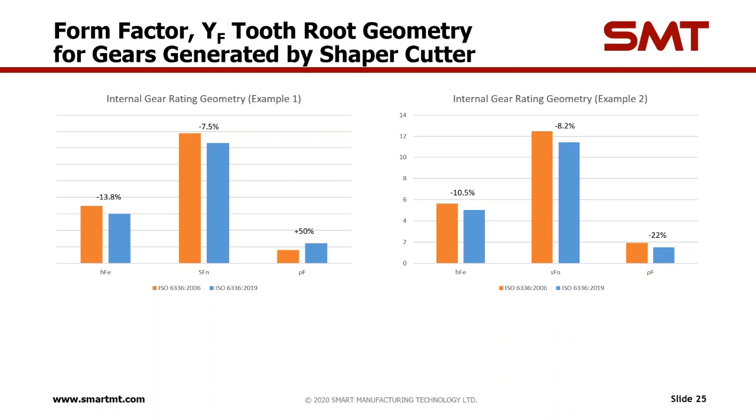If we look at our example 2, we see similar trends for bending moment arm and tooth root chord. However, the calculated root fillet radius actually decreased in this case.